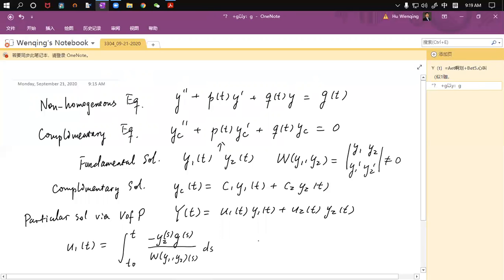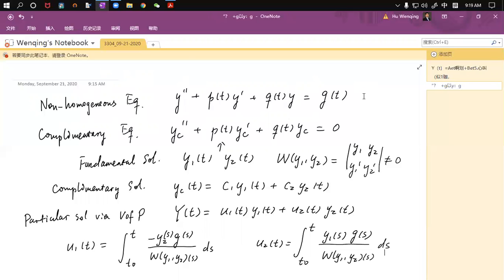And then u2 of t is equal to the integral from t0 to t of y1 of s multiplied by g of s divided by the Wronskian W of y1, y2 of s, ds. So those are the formulas that can help you calculate u1 and u2. That's a very important formula.